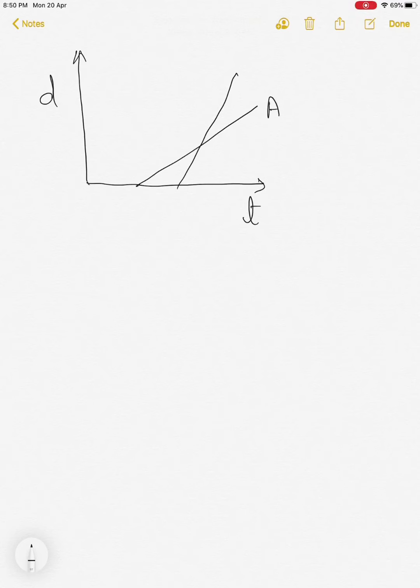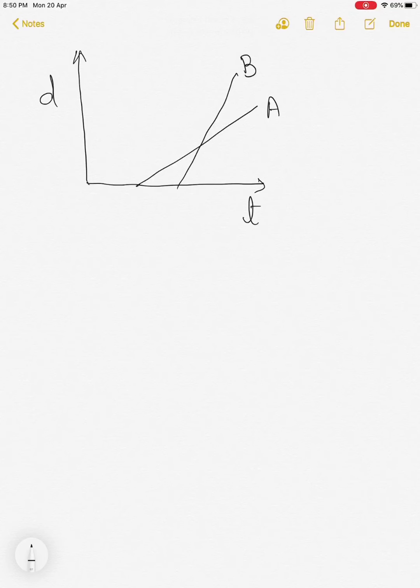Now, I am taking one question, that there is a distance time graph for two bodies A and B. We want to find which object is moving with larger speed.